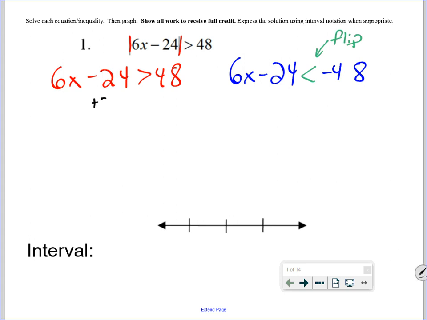So I would add 24 to both sides, and I get 6x is greater than 72. And we're going to divide both sides by 6.